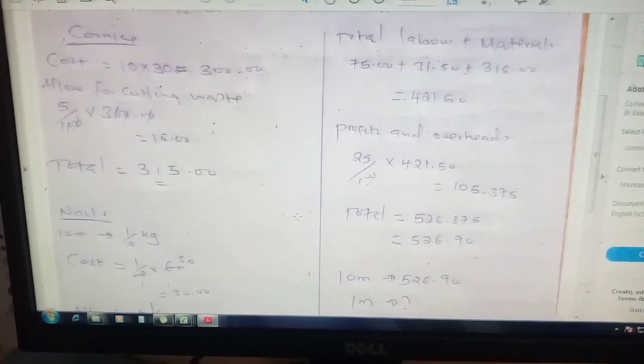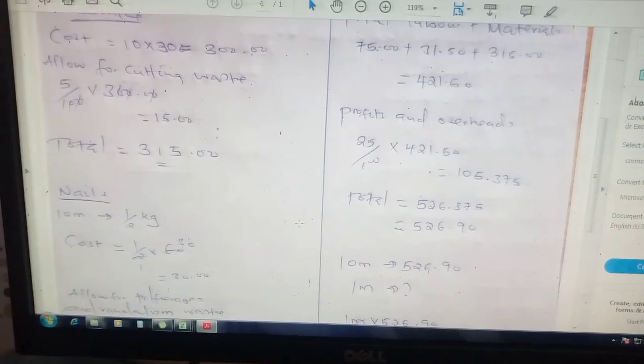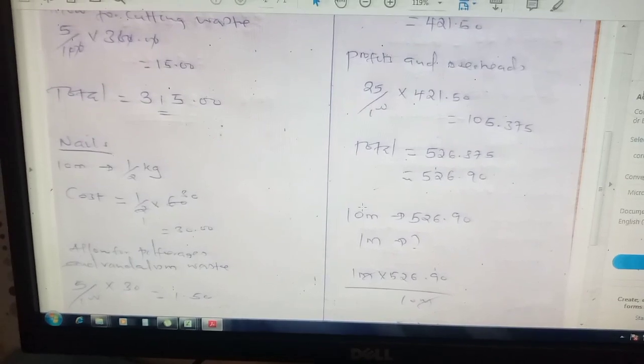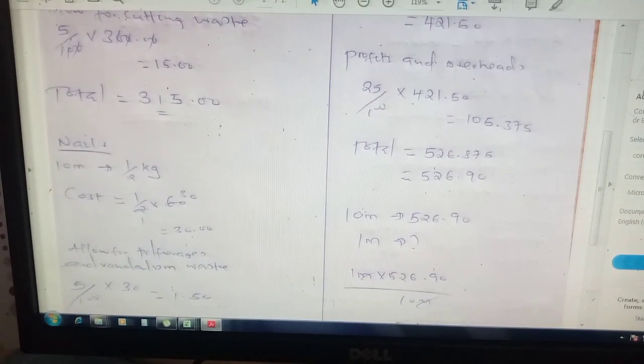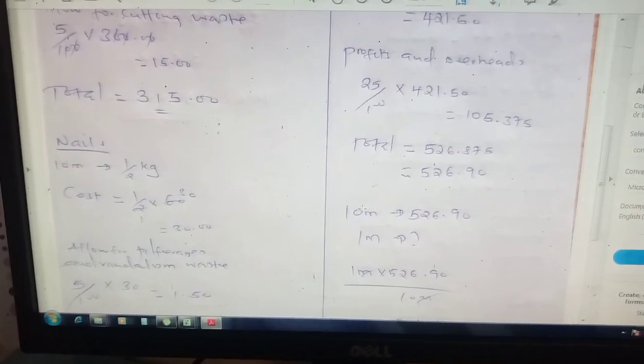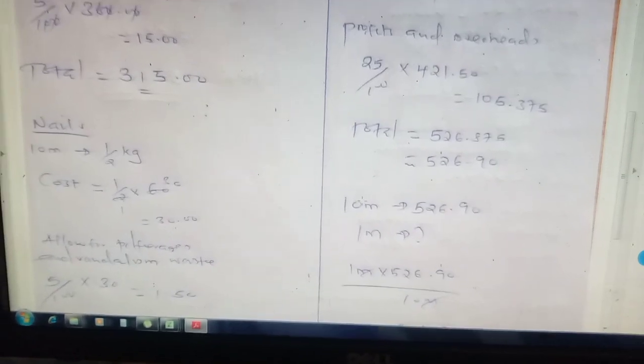You get 421 shillings and 50 cents. Then you add profits and overheads, which is 25% of that amount, 105 shillings and 37.5 cents. Then the total will be 526 and 90 cents. So that one is for 10 meters.